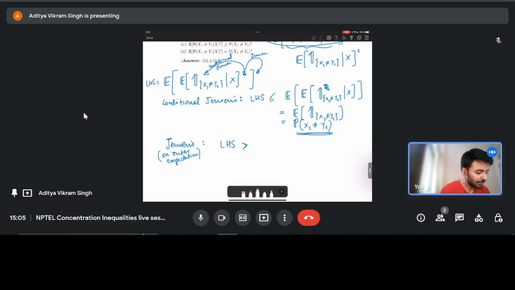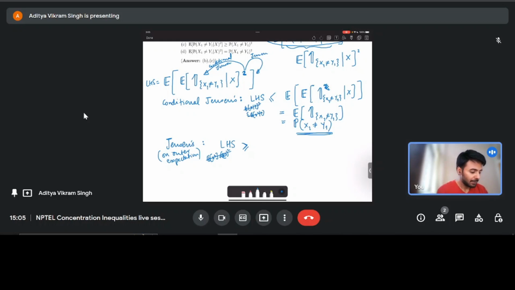So LHS is greater than or equal to, something like the expectation of X square is greater than or equal to the expectation of X the whole square. And here what we had was that the expectation of X given Y the whole square is less than or equal to the expectation of X square given Y. So that was conditional Jensen's.